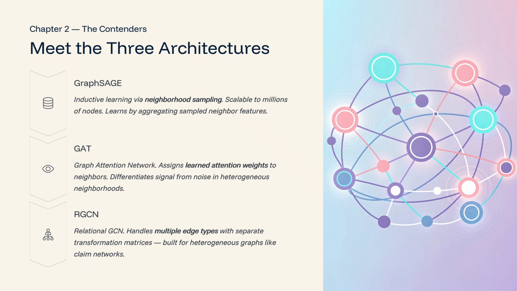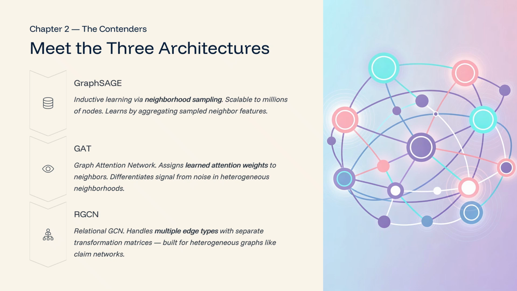So these are the three contenders, each built on a fundamentally different idea about what matters in a graph. GraphSAGE says, I don't need to see the whole neighborhood. I will sample it and scale. That is the concept behind GraphSAGE. On the other hand, GAT says not all neighbors are equal.